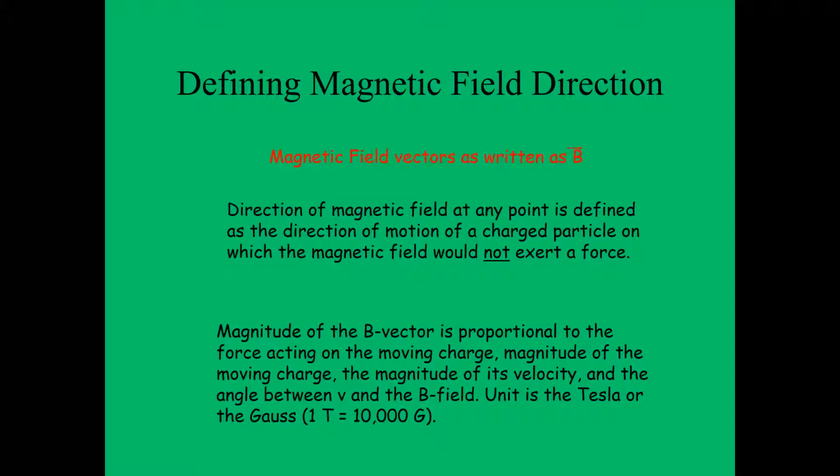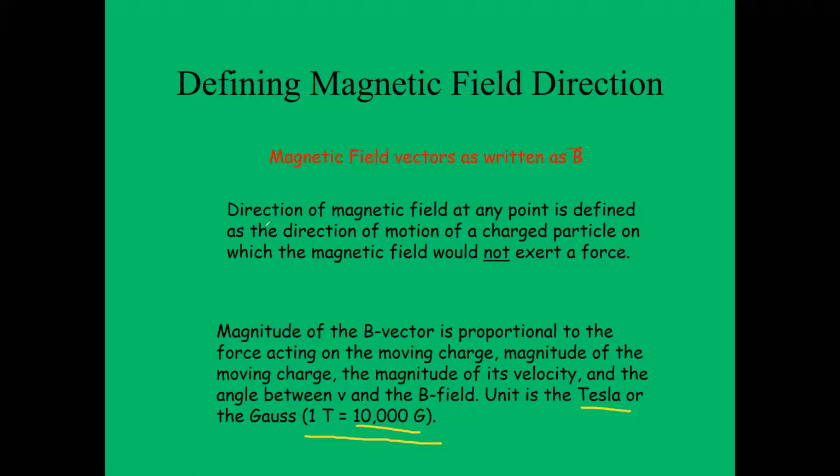The unit is Tesla or Gauss. The unit for magnetic field would be Tesla. And this is the conversion factor, like there are 1000 meters in 1 kilometer, so there are 10,000 Gauss in 1 Tesla.